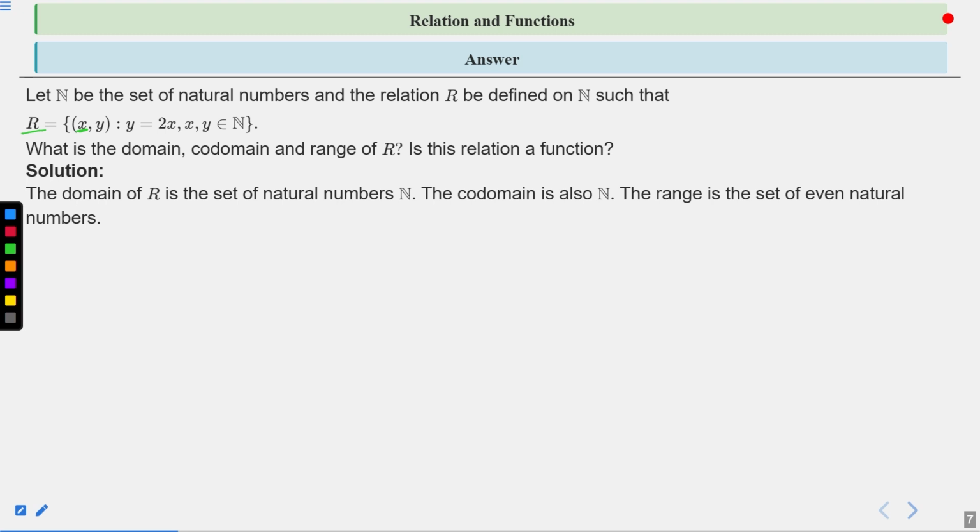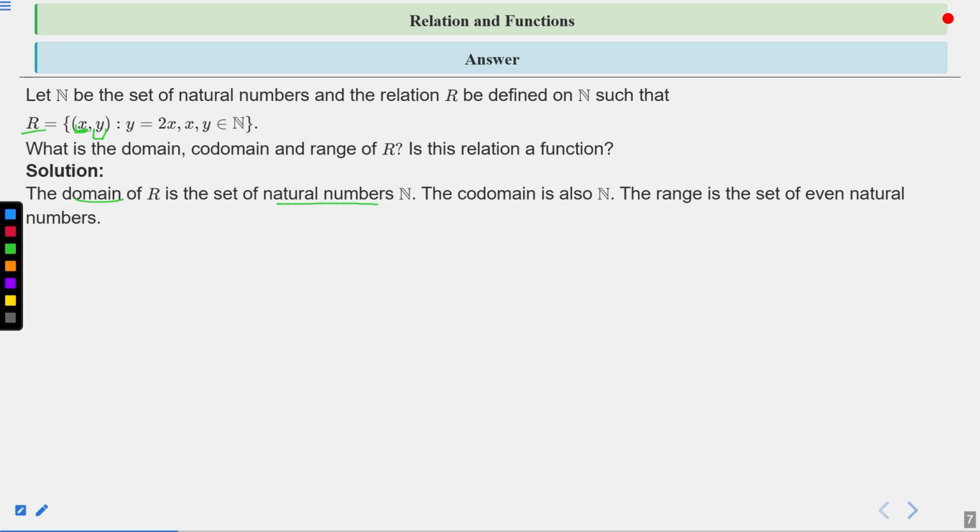Codomain. Codomain is simply the set to which your second elements belong. Simple. So here the domain is simply the set of natural numbers. Why?